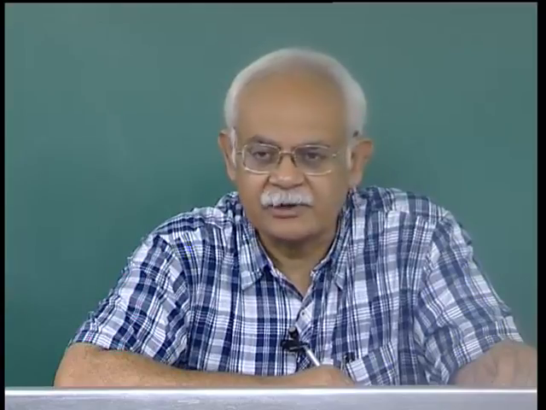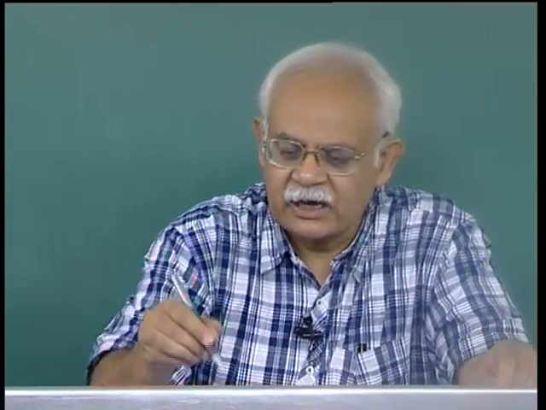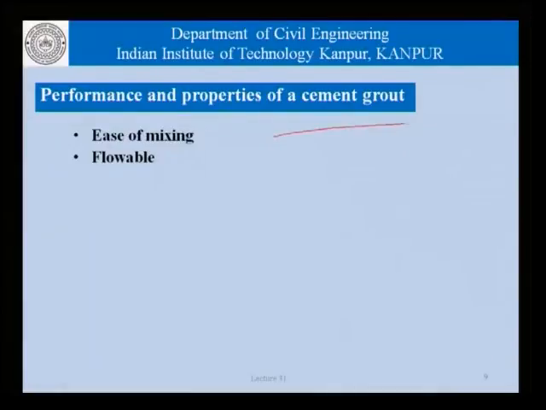Secondly, it should be flowable. Unless the grout is flowable, it will be difficult to push the grout into the duct. And please remember that these ducts are often several meters long. So, if we have a concrete girder which is, let us say, 20 meters long, what we would expect is that the grouting operation, once it starts here, the grout would be expected to flow through a reasonable distance.